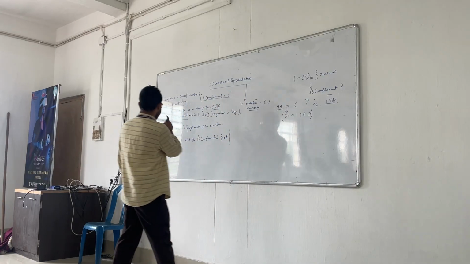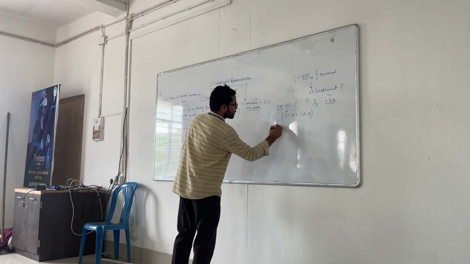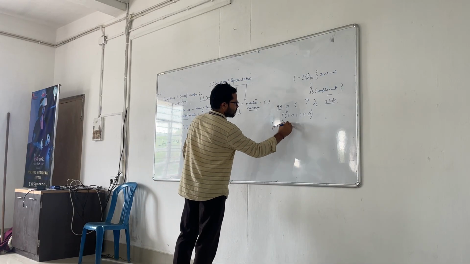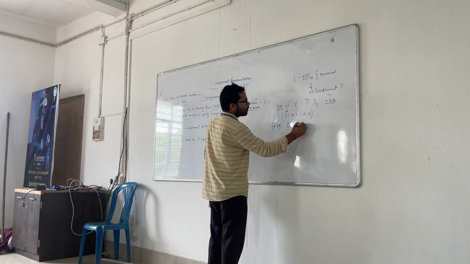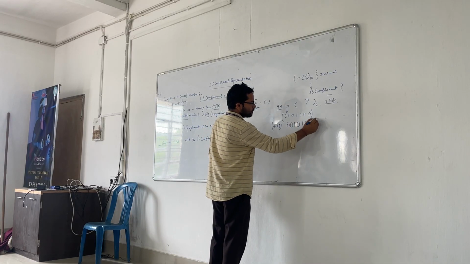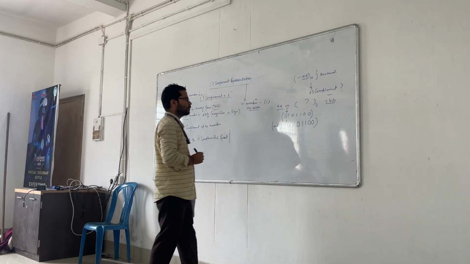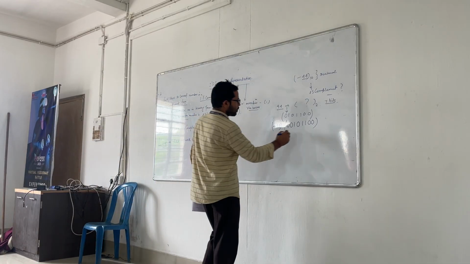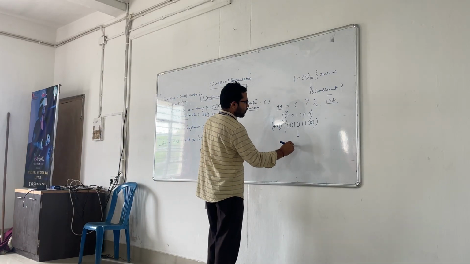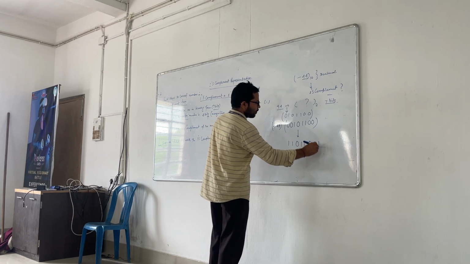Now use step 2, write the positive number, that means plus 44. So it is nothing but 0 0 1 0 1 1 0 0. Now perform the one's complement. Its one's complement will be 1 1 0 1 0 0 1 1.